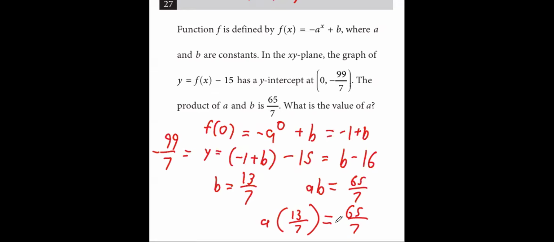In this case, since all of these are over 7 and these are multiplied, we can just multiply the entire equation by 7 on both sides, and we just get 13a is equal to 65. And then divide both sides by 13, and we get a is equal to 5.